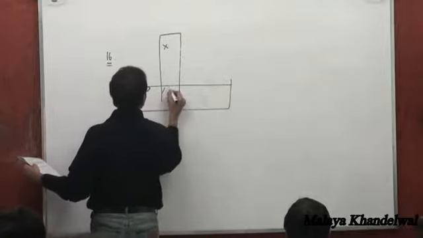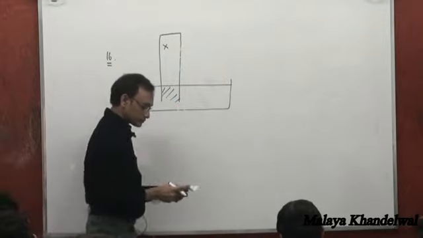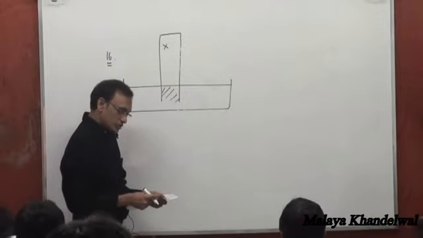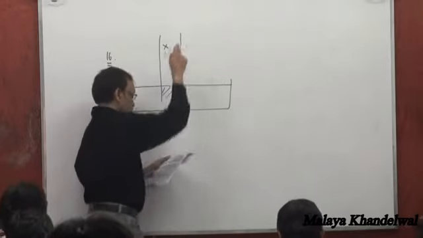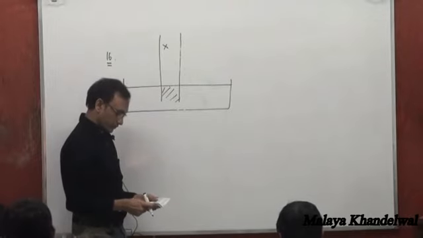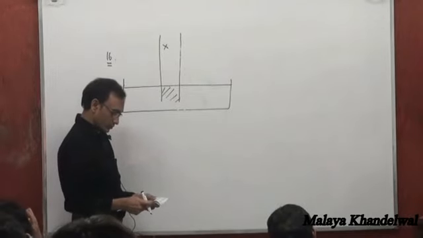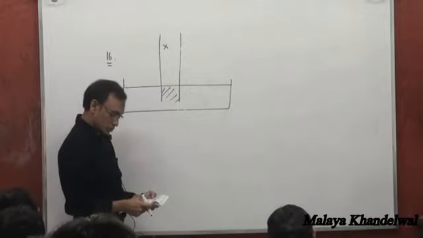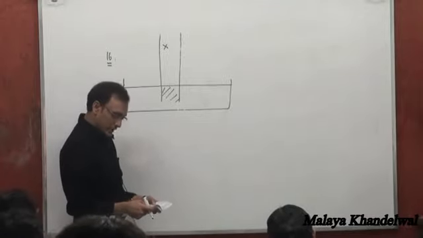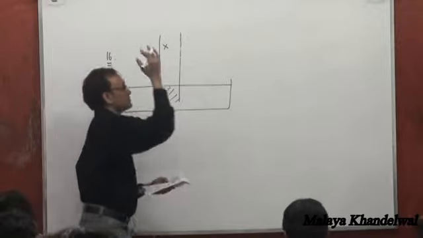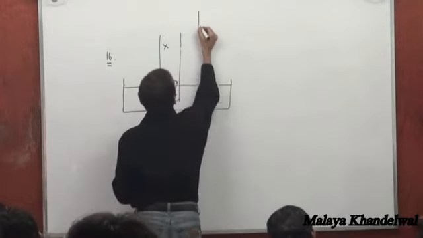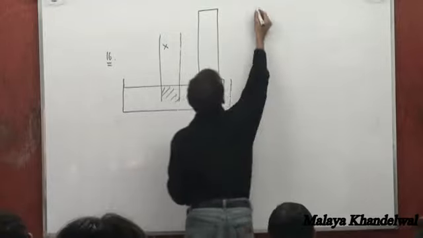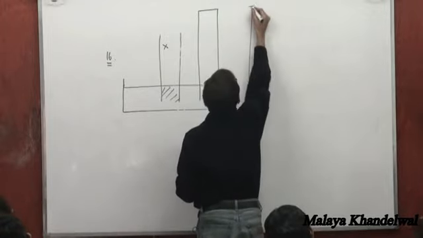This is mercury, right? Oh, I'm sorry, open at both ends. So now closing the upper end, the tube is raised by x prime centimeters. So now this becomes x plus x prime.